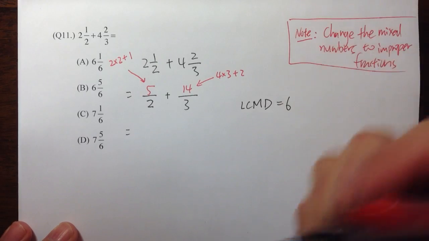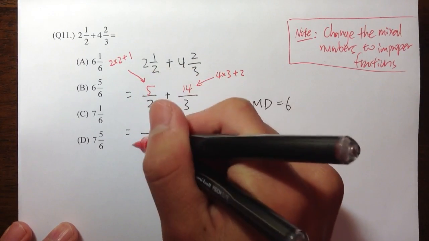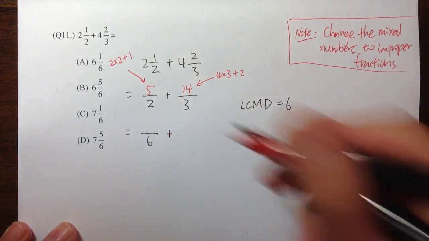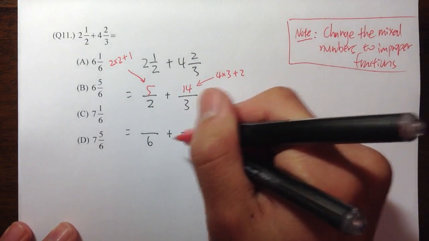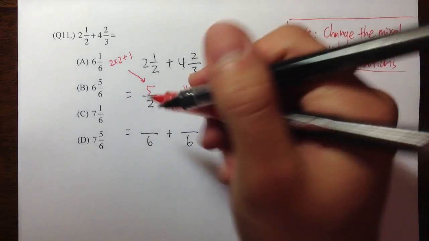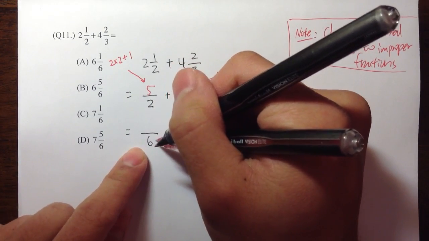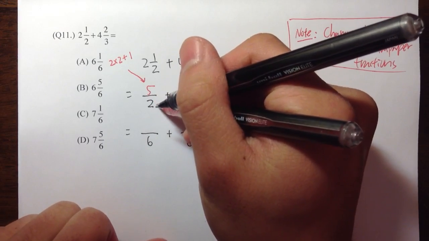And what we're going to do is change the first fraction to something over 6. Likewise, the second fraction, something over 6. And ask yourself, 2 times what will be 6? 2 times 3 will give you 6, right?